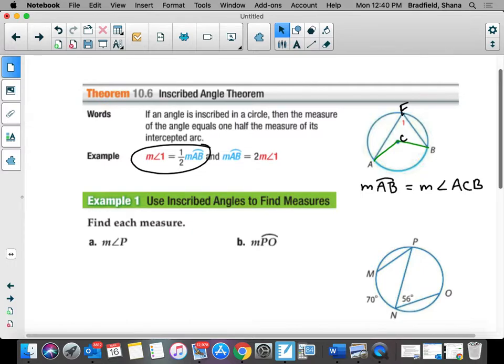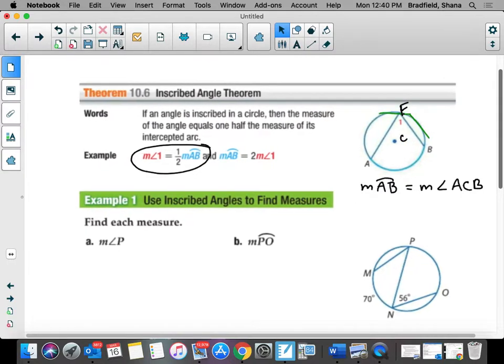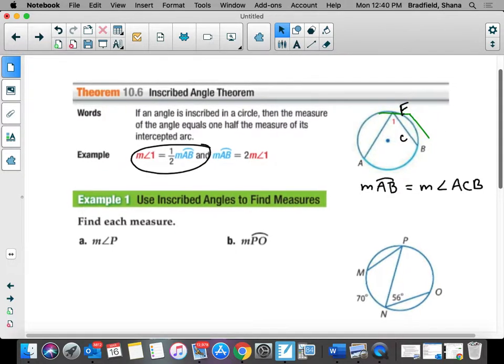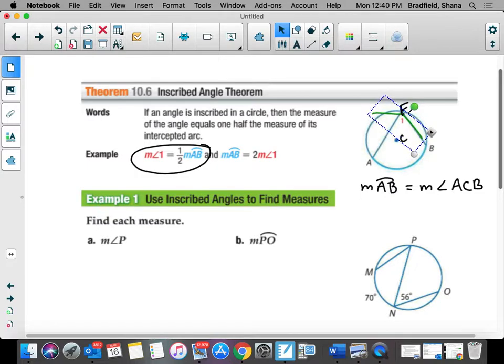Here's what happens. I'm going to move my angle here just a little bit and turn it around and try to get it lined up.